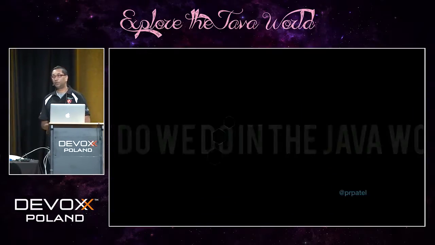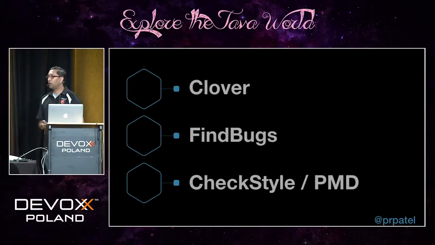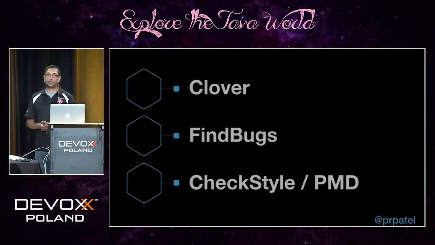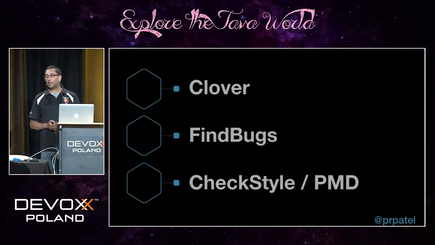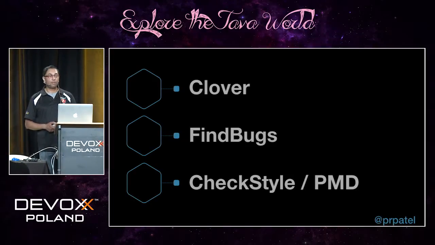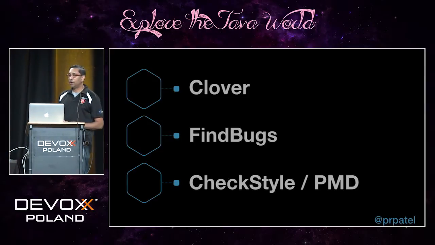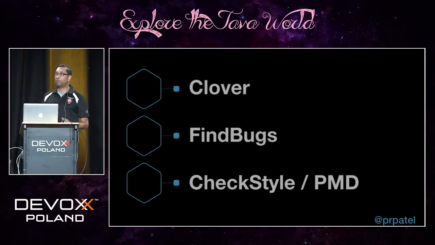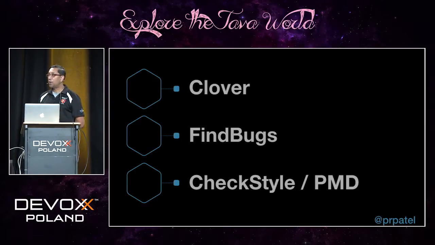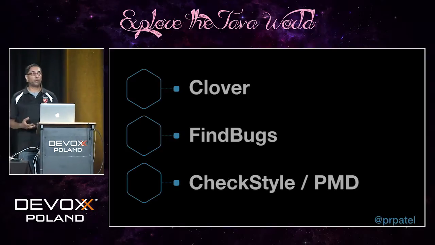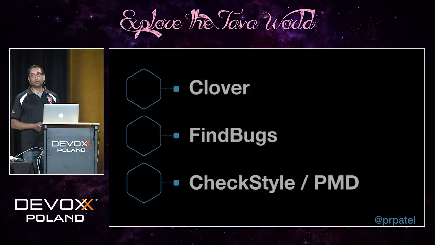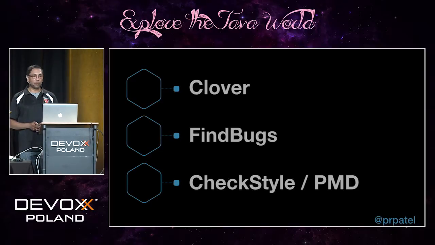We use a couple of tools, right? We use something like Clover or Find Bugs, Checkstyle, and PMD to ensure that we are approaching our code from a quality point of view. So we use Clover to make sure that our tests have ample coverage around our actual code. We use Find Bugs and Checkstyle to make sure that our code is of the right quality and we find things which we can improve in our code.